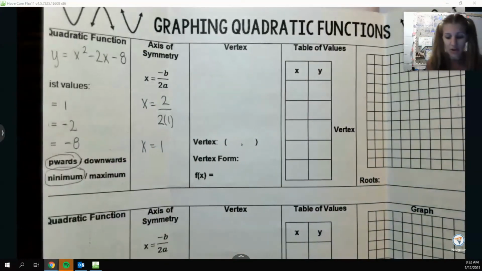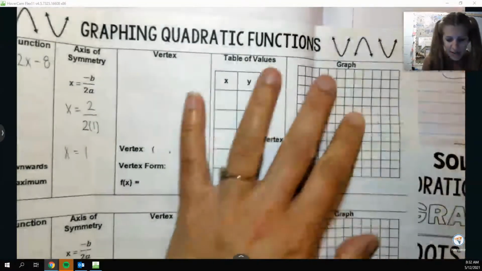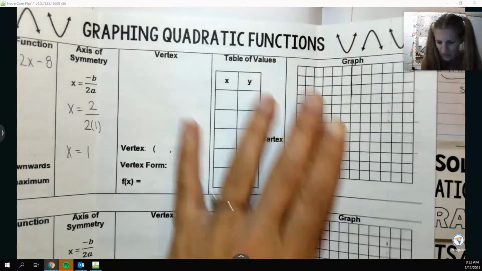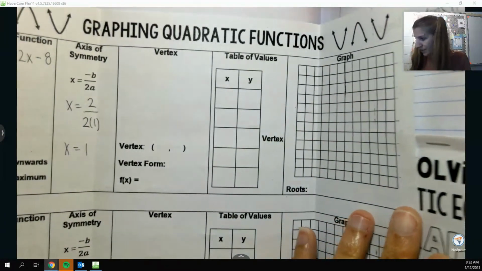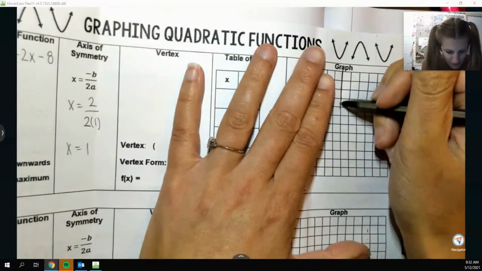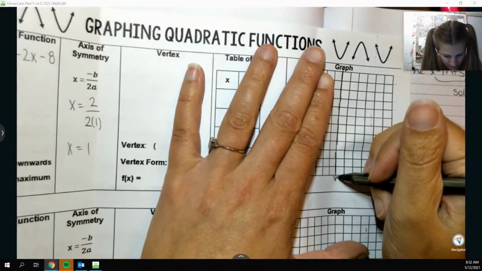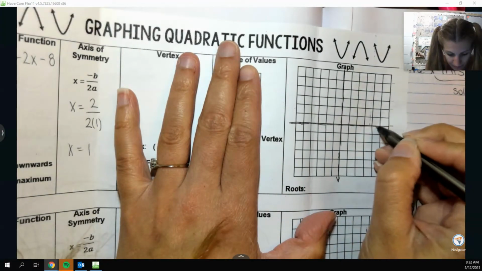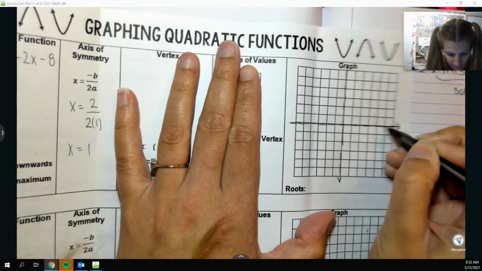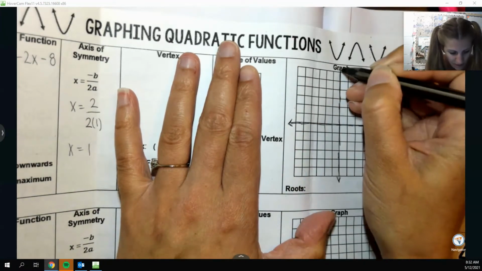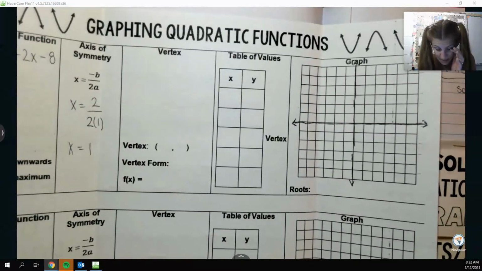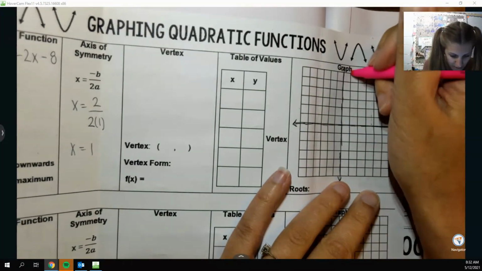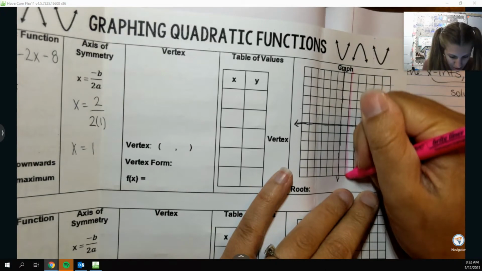So when I go over to my graph, I can actually get this going a little bit right now. Let's draw in our x and y axis. Oh no, it's ripping through the paper a little bit. I'm going to put it right in the center here. So I can draw in my axis of symmetry at x equals 1, so that vertical line through 1.